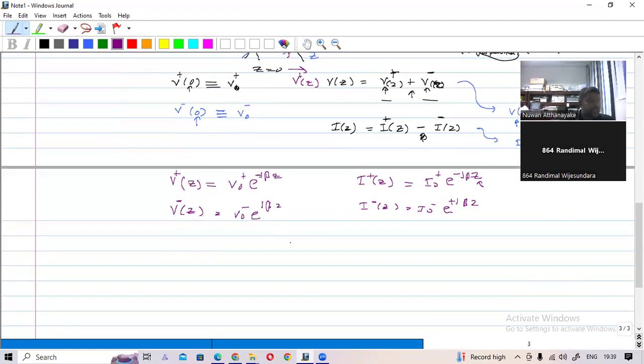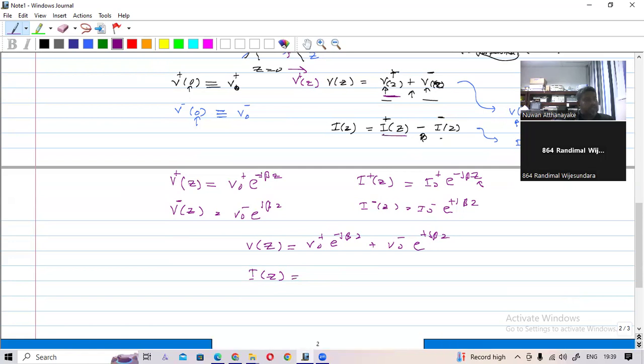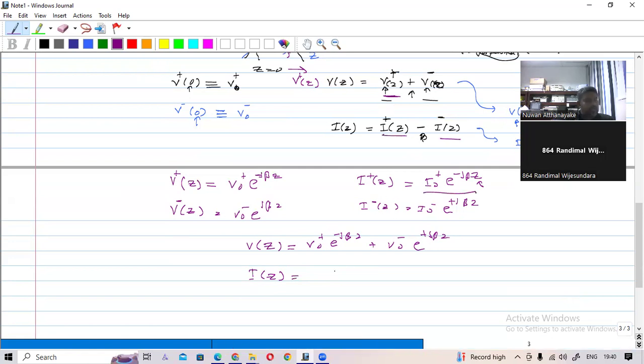So the total voltage at point Z is V plus Z plus V minus Z. That means V naught plus e to the power minus J beta Z plus V naught minus e to the power plus J beta Z. The total current wave can also be written as I plus Z plus I minus Z, for a general point: I naught plus e to the power minus J beta Z plus I naught minus e to the power plus J beta Z. Sorry, this should be minus.